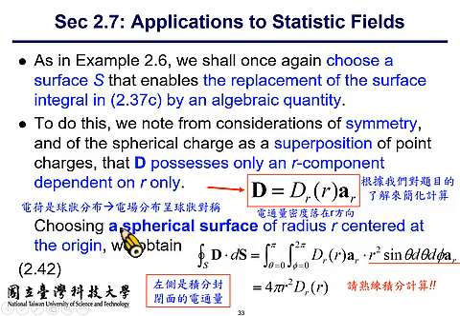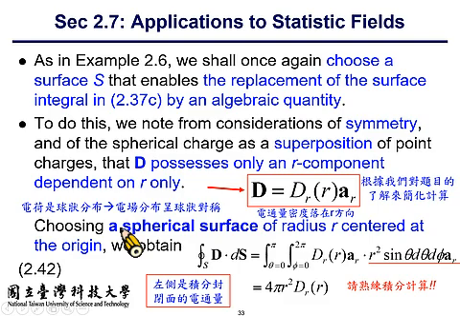Carrying out this integration is relatively simple because D_r is a function of r only. It has no dependence on theta and phi. So you can simply put it outside of the integration and make a surface integral of r squared sine theta d theta d phi.